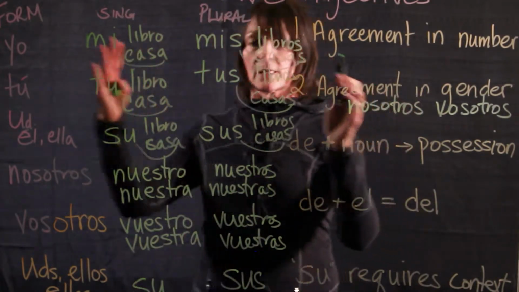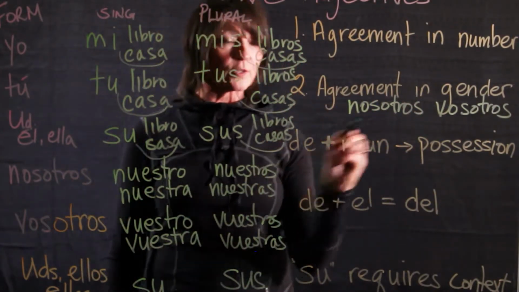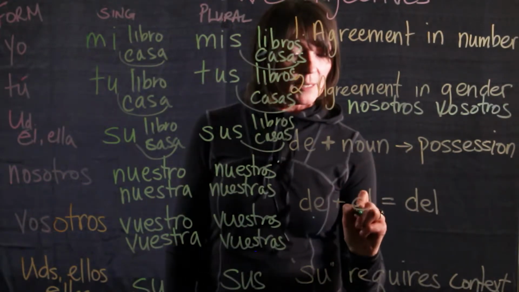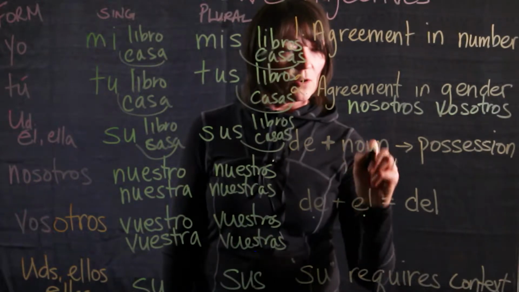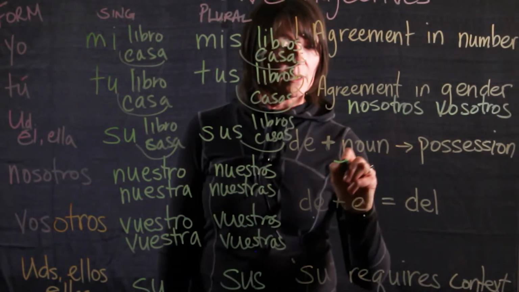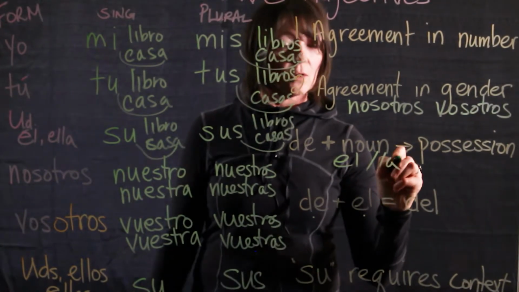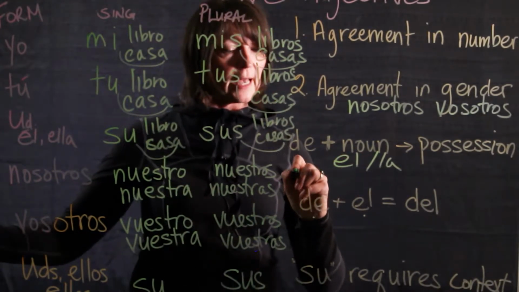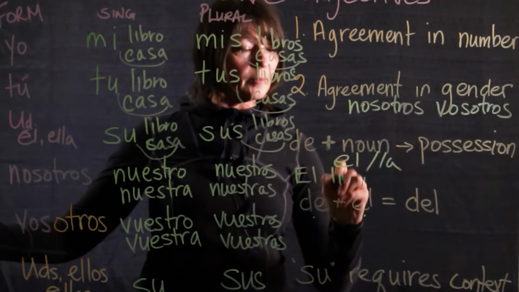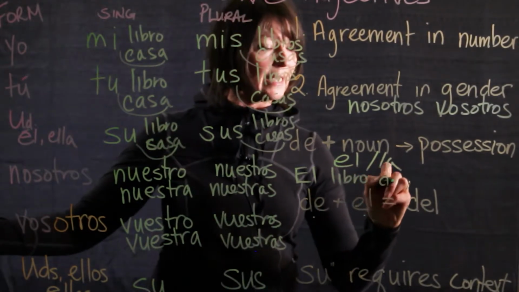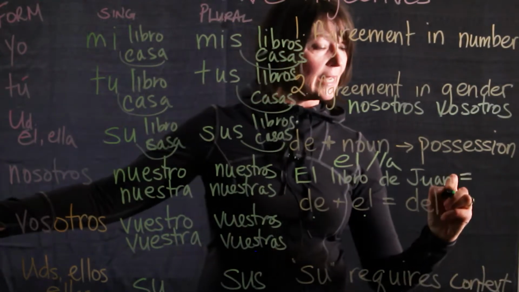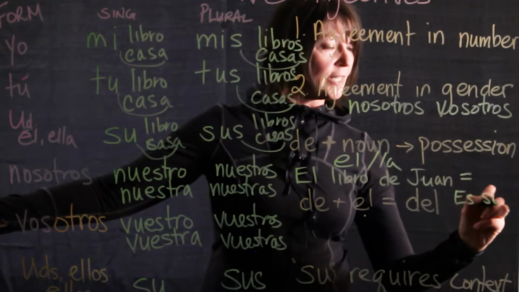Okay, now this is when we want to use an adjective, but there's another way to express possession in Spanish. It's de plus el or la. De plus a noun with el or la. Okay? So if I say es el libro de Juan, okay, is the same as saying es su, it's his book.